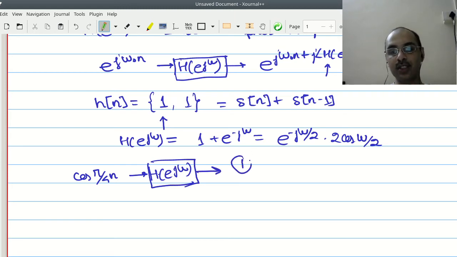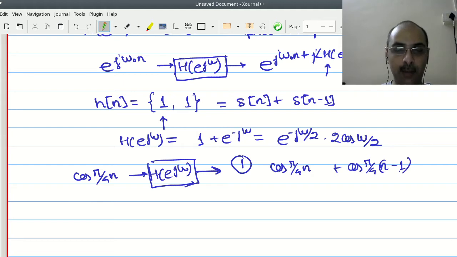The first approach is we will directly perform the convolution and we will get cos(πn/4) plus cos(π(n minus 1)/4). Of course, no problem. This is what we expect when the convolution is performed.